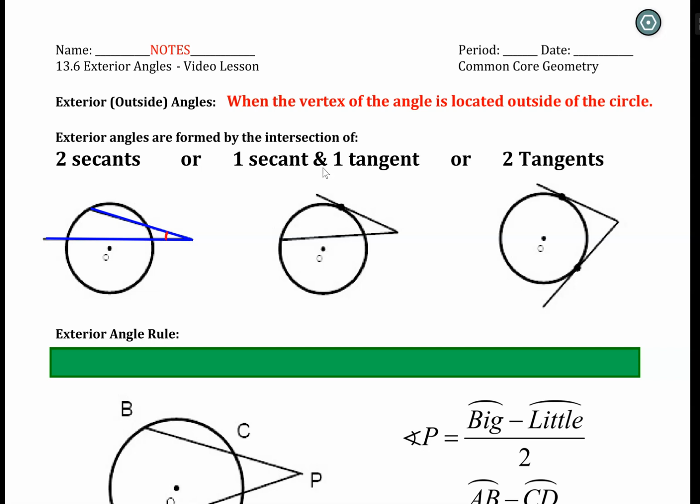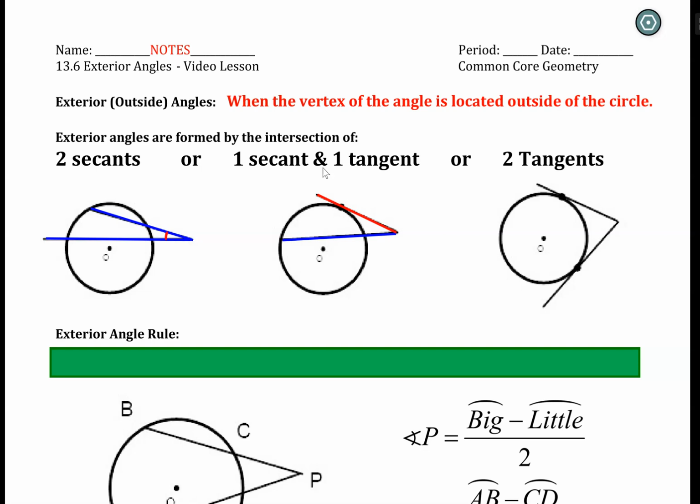The second one is we could have an exterior angle formed with one secant line and, as we've already discussed, a tangent line, which is a line that intersects the circle at one and only one point. So no matter how long you draw that line, it will only intersect the circle at one spot.